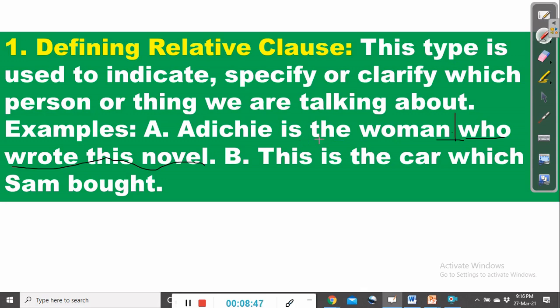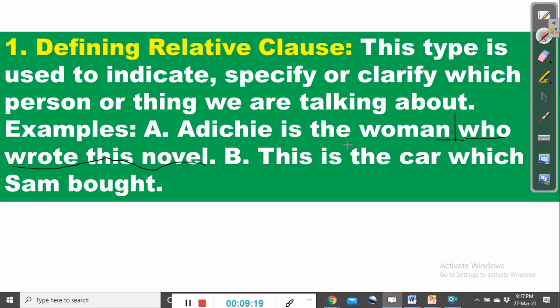If we say Adichie is the woman and we put a full stop, naturally it raises a question, because the listener will want to know which woman you are talking about, particularly which woman. So if someone says Adichie is the woman, the question that naturally arises is, which woman? Which woman are you talking about?